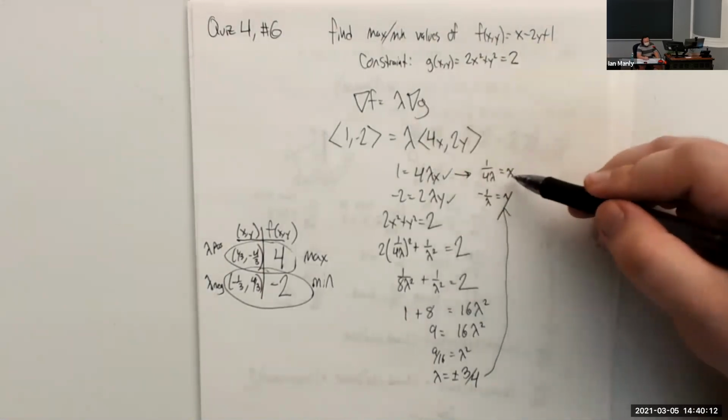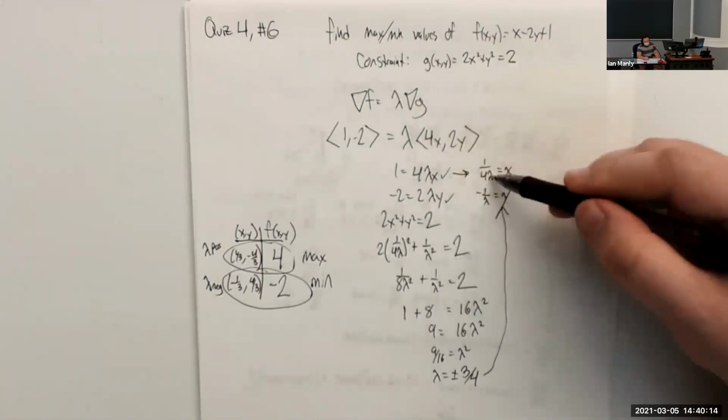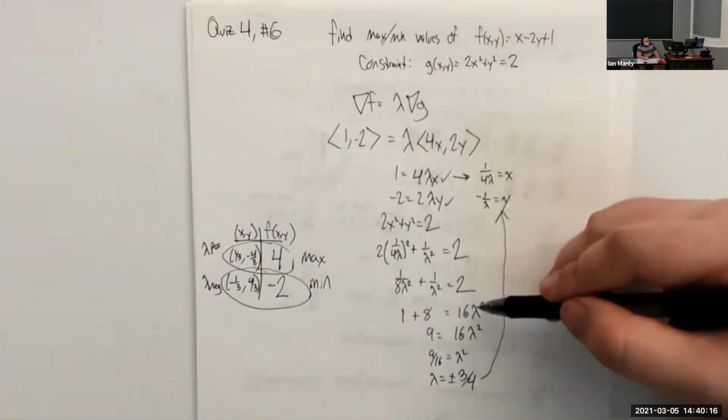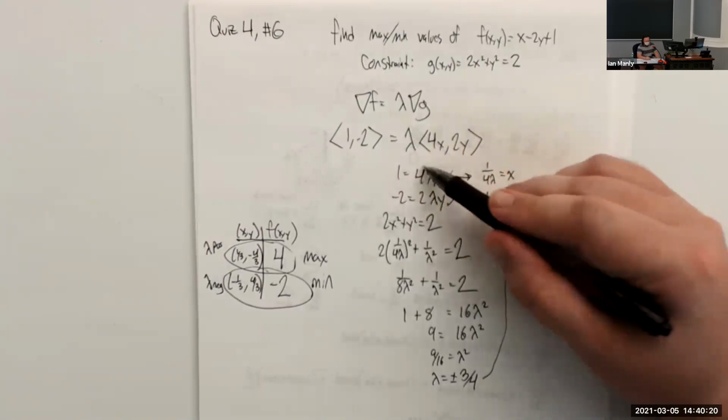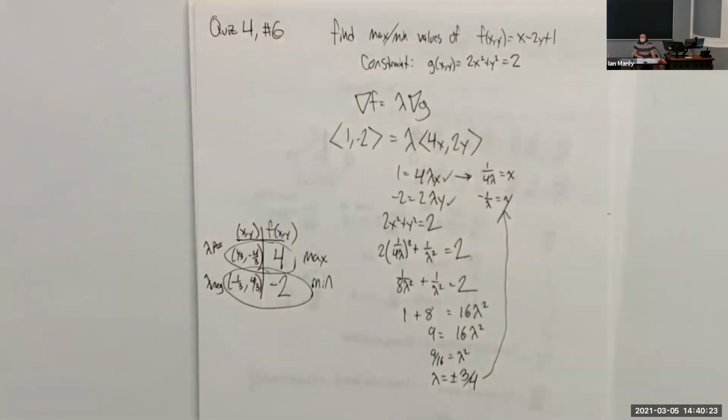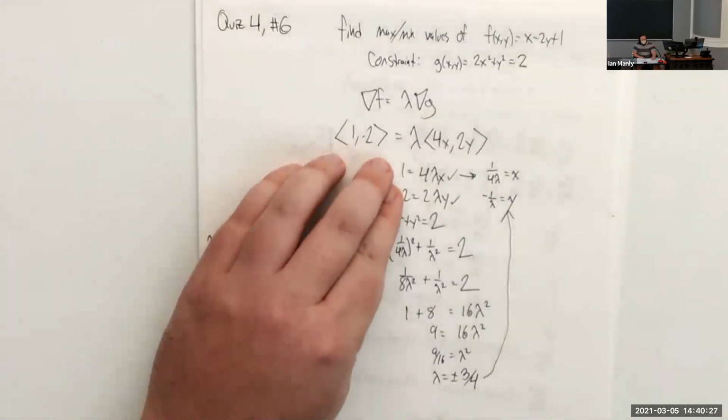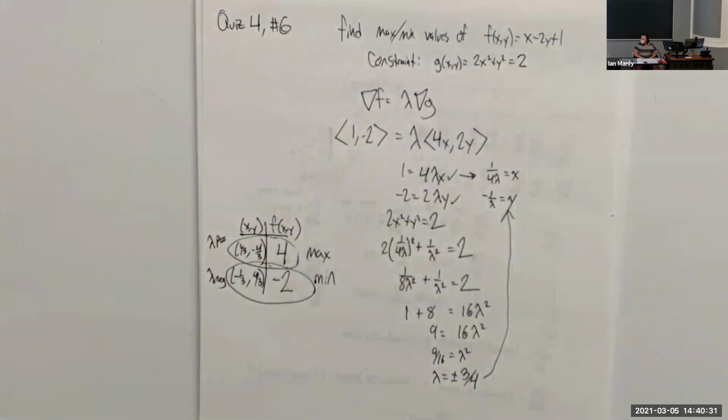There's ones where we should probably solve for x and y in terms of lambda and then plug that into the constraint. That happens when the equations look like this and they're relatively simple. The other type of problem I see pretty often is where we try to set the two non-constraint equations equal to each other. That also seems like a pretty common way to do the problem.